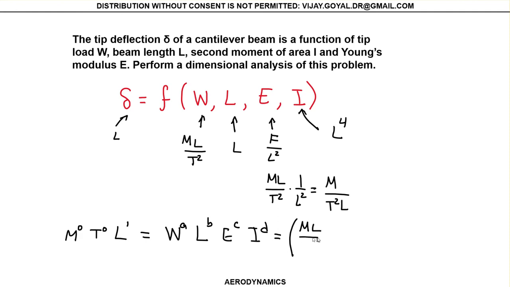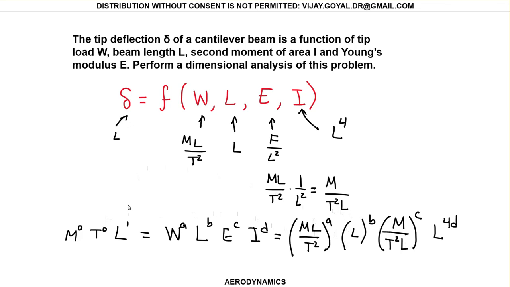W is mass times length over time squared, to the A. L is L to the B. E is mass over time squared times L, to the C, and I is L to the 4 to the D. Now we need to expand all this so we can compare the variables on one side and the other side.